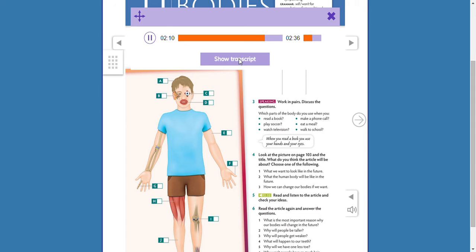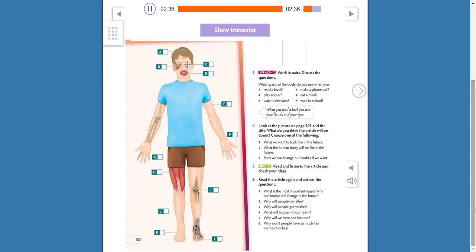People who lose them don't miss them. So it will probably disappear sometime in the future. 6. People won't have as much hair on their bodies as now because we don't need it to keep ourselves warm anymore. Will all these things happen? And if so, when? These are questions that no one can answer for sure.